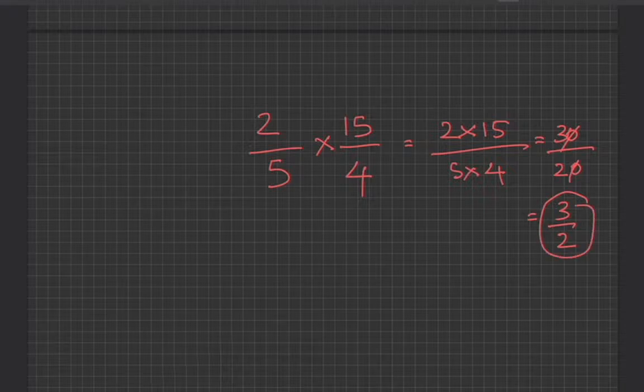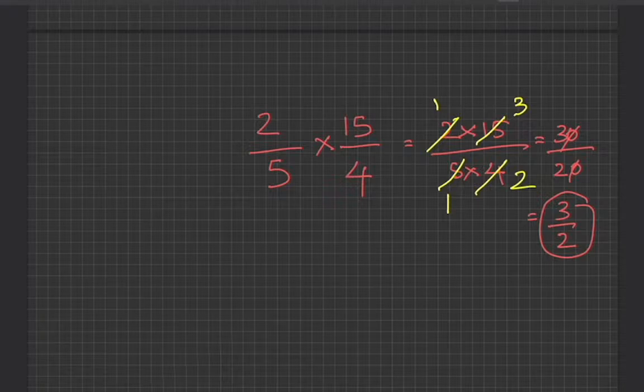But we can cancel out, if this was just a small example, but I can divide this by 5, so I get 1, divide this by 5, I get 3, divide this by 2, so I get 1, divide this by 2, I get 2, right? So this is a much better way to take out the common factor and cancel out than doing multiplication.